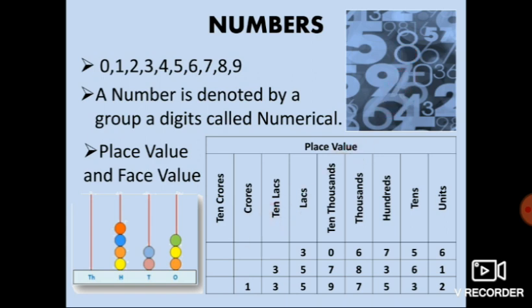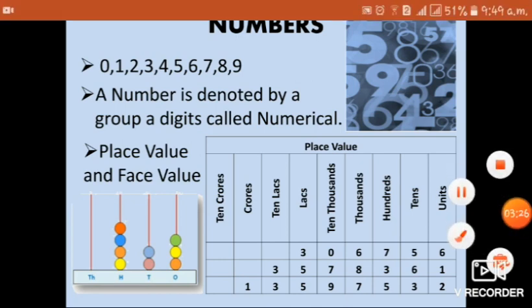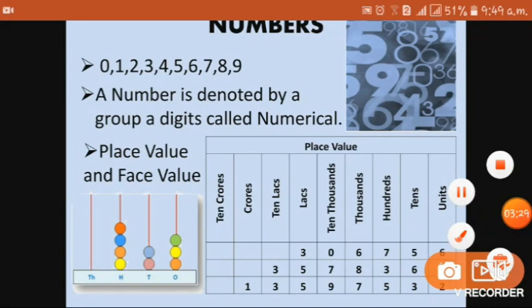We have 3, 0, 6, 7, 5, 6. How do we have to read it? We read it as 3 lakh, here it is 0, then thousands, 6,000, 756. When we talk about the place value, suppose we want to know the place value of the number 3.